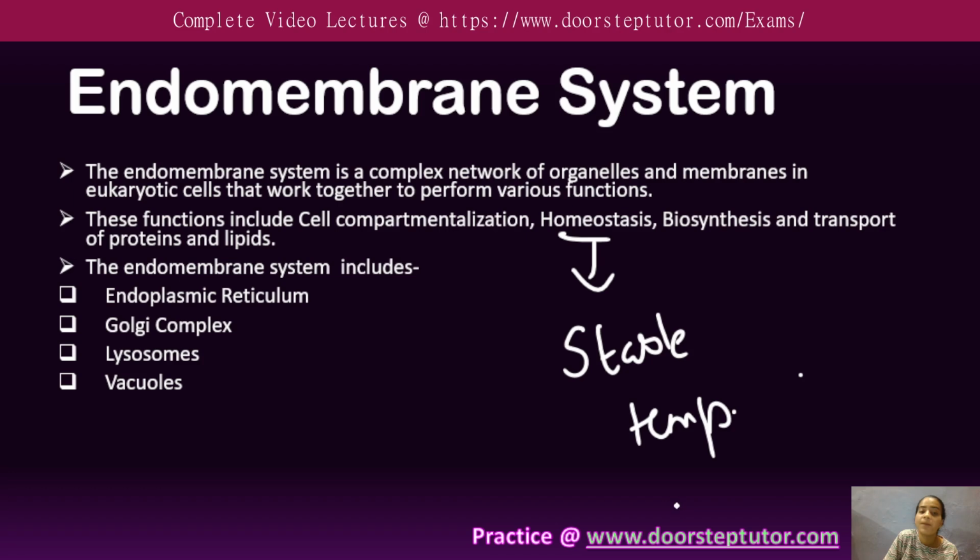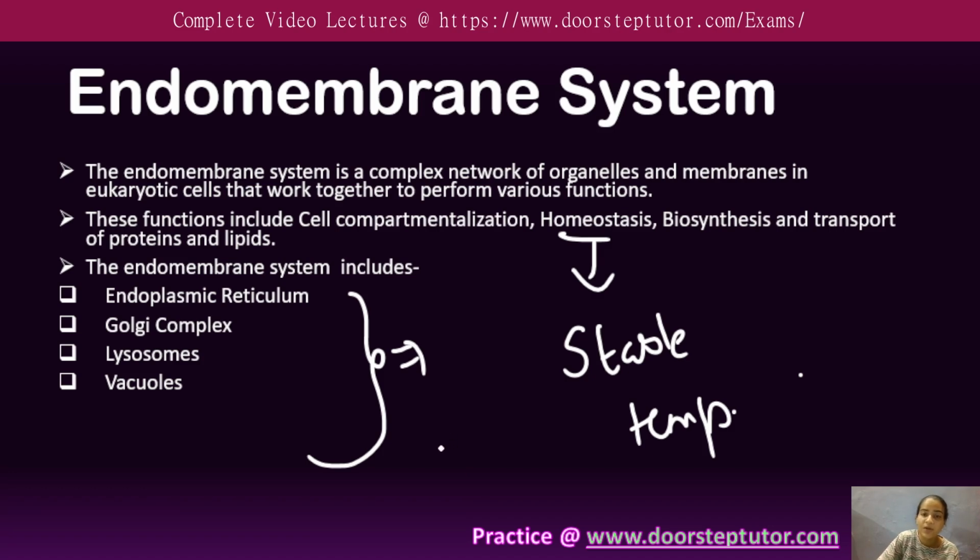And they also help in the formation of many proteins and lipids. The endomembranes which are included here are endoplasmic reticulum, Golgi complex, lysosome, and vacuoles. Why are all these cell organelles present in the endomembrane system? Because their functions and their structures are associated with each other, so that they can perform their specific functions.